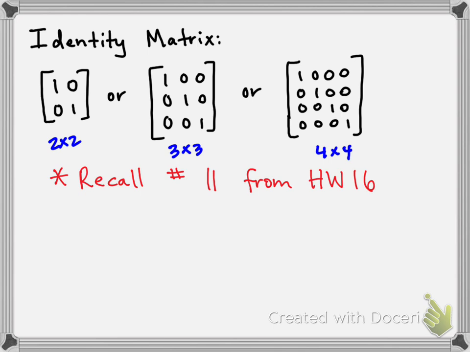So if you recall question number 11 from homework 16, we had you multiply some square matrix by the identity matrix of a 2 by 2. And when you did, you got the original of what you already had. So basically, if we have some matrix A, we multiply it with the identity matrix, we're just going to get A every time. And so this is something you definitely want to know.